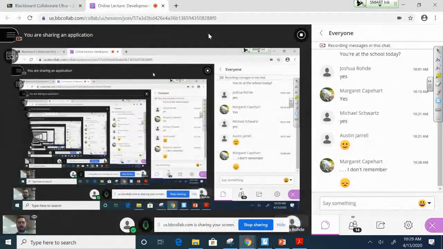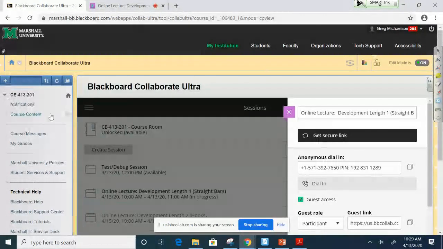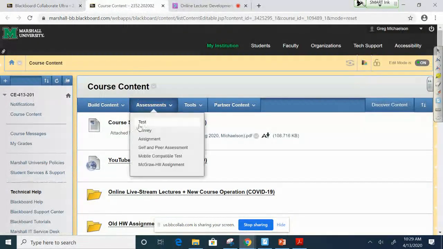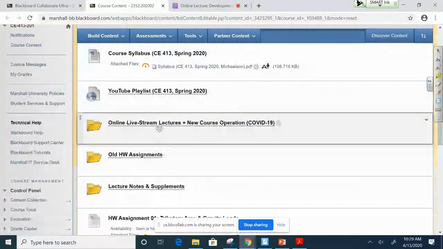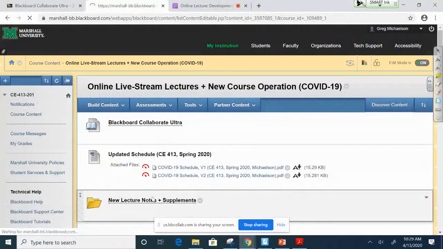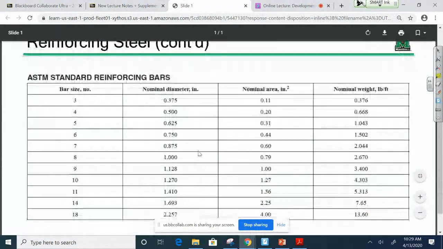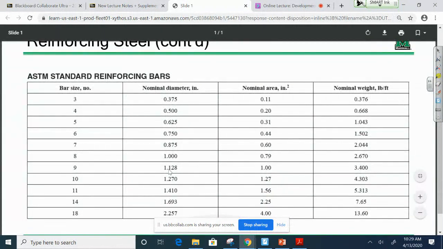One other thing that's worth mentioning, let me go to course content. If you go to new lecture notes, in the new lecture notes and supplements, I put rebar details, and if you open the rebar details, it also lists the diameter of all the rebar.